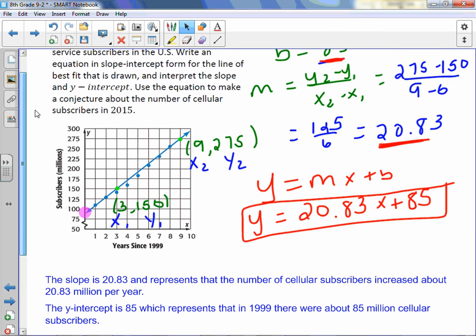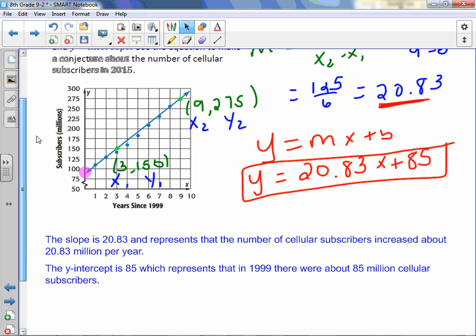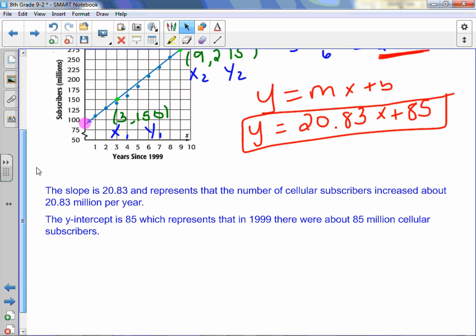And the last part of this is to make a conjecture using our equation of subscribers in 2015. So again here in 1999 is year 0, which means 2000 is year 1. Skip all the way to 2015, that would be year 16. So our x value is 16.